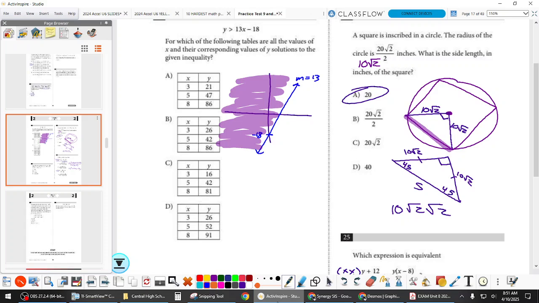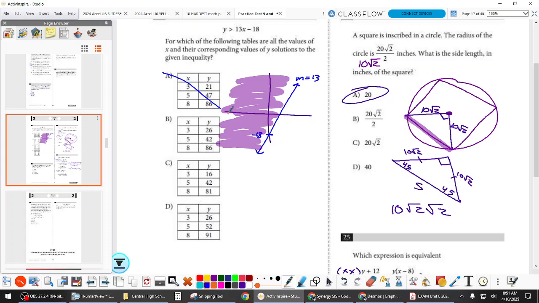Why is A not correct? Because it's not greater than or equal to; it doesn't have an or equal. Now we know that this shows the values. The minimum values are 21, 47, and 86. It has to be higher than that.